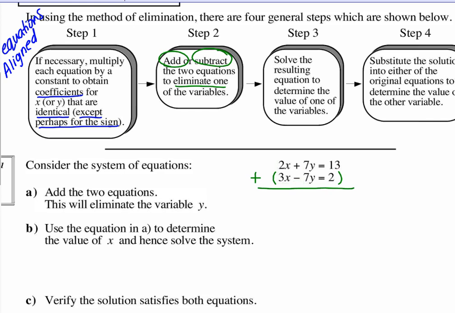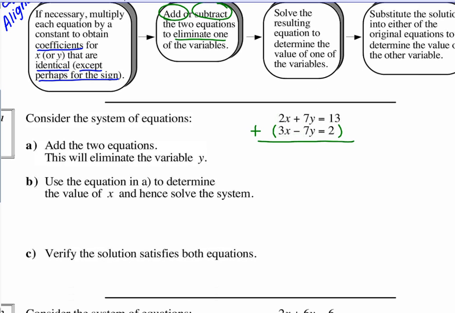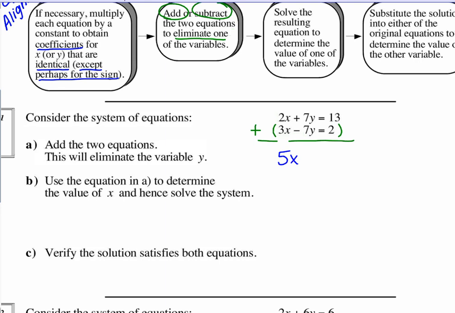Okay, 2x plus 3x. Let's add these equations together. 5x. What is 7y plus -7y? 0. Cancels out. It's eliminated. Pew pew. Gone. Okay, 13 plus 2.